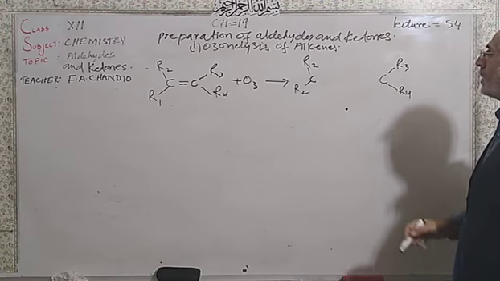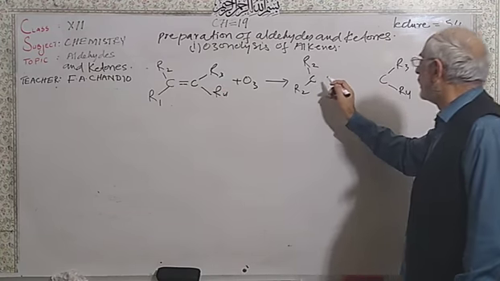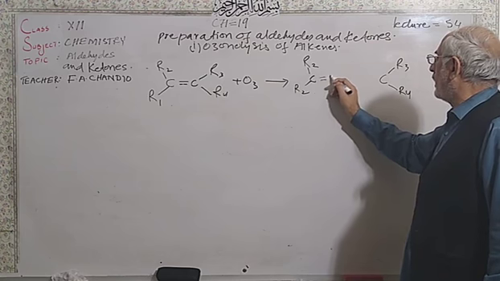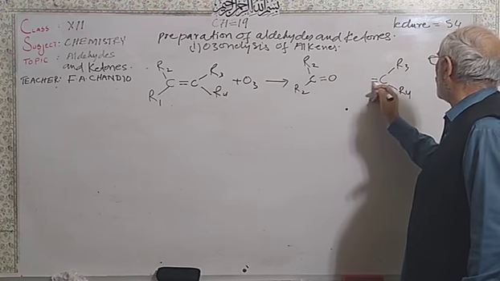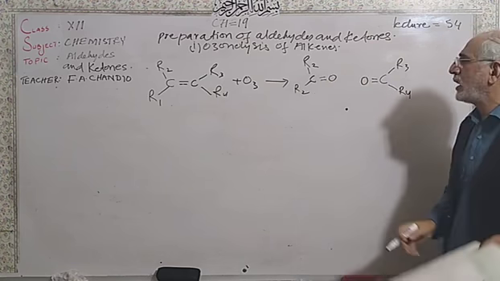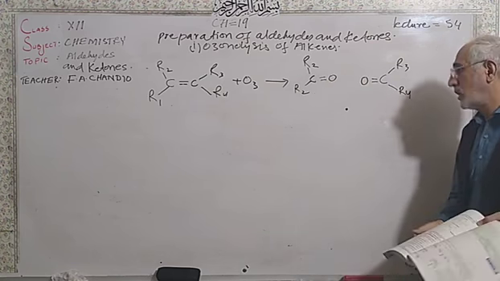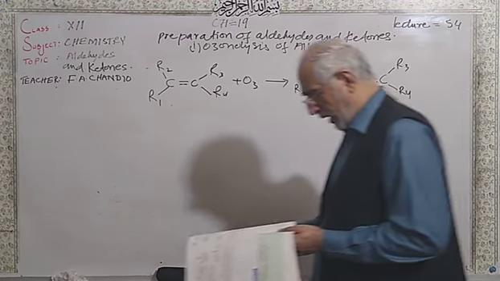If I break this bond, then double bond O, like this, you will get two molecules of the ketone group.